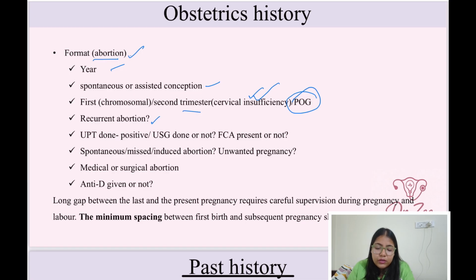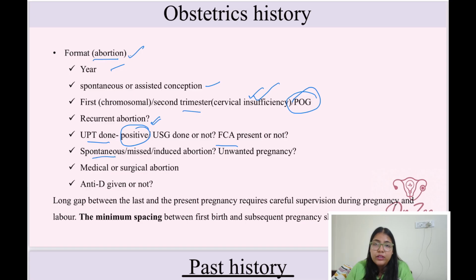If the abortion was recurrent, like three abortions, thrice she had abortion. If UPT was done, or just before doing UPT she had bleeding. If UPT was done, was it positive? If ultrasound was done, had it shown cardiac activity or not?